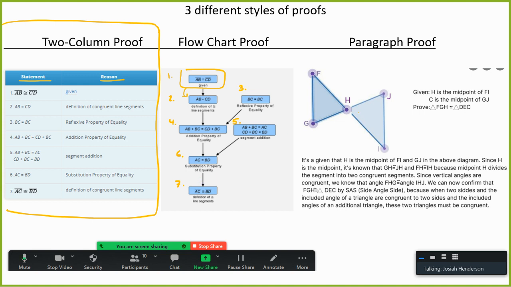And then here's another version, a paragraph proof. This is kind of like the one I looked up online. It wasn't written as a flow chart or a 2-column proof. It was just like how you say it. And there's nothing wrong with that. This is just writing out the thoughts one sentence at a time. So it is given that H is the midpoint in the diagram.